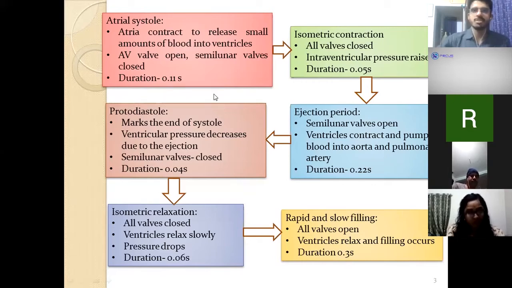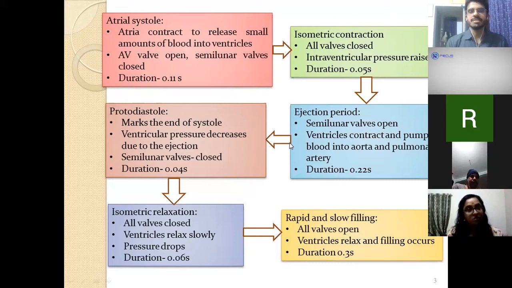Systole is basically isometric contraction and ejection period. Once that ends, it means proto-diastole, that means relaxation. So the ventricular pressure will start decreasing. The semilunar valves close, and this in turn allows the ventricles to relax. That is the next stage, which is called isometric relaxation.